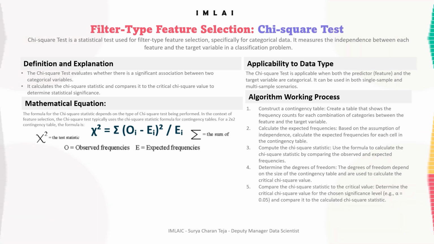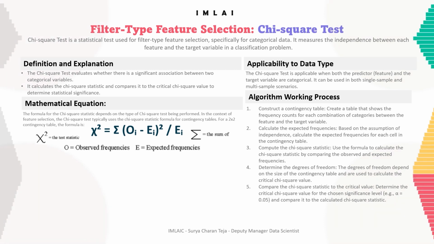And finally, assess statistical significance. If the calculated chi-square statistic exceeds the critical value, it indicates a significant association between the feature and the target variable.